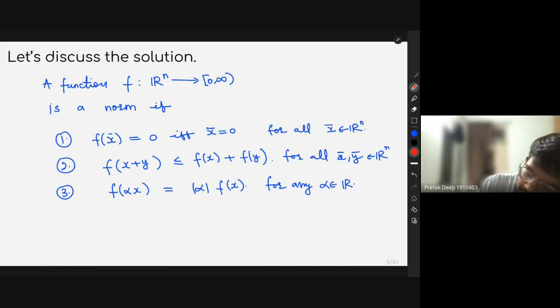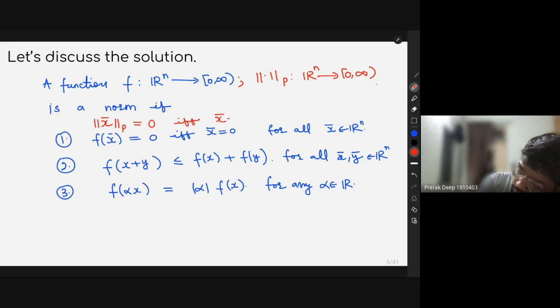So we will say that this is a norm. Okay, this defines a norm if it is equal to 0 if and only if the vector is 0.